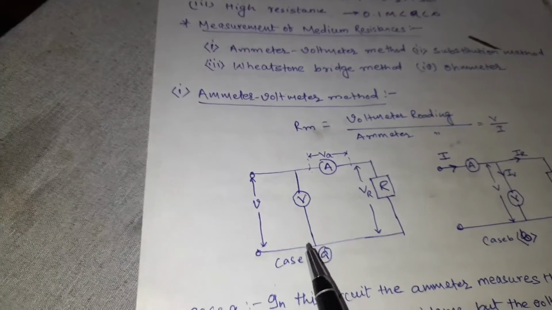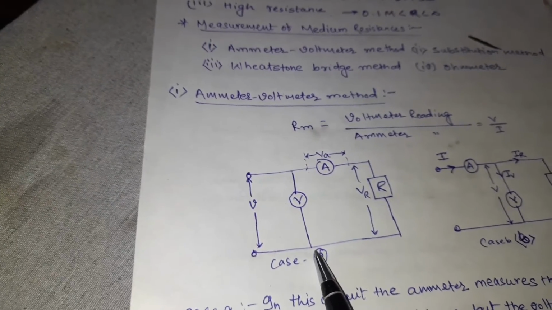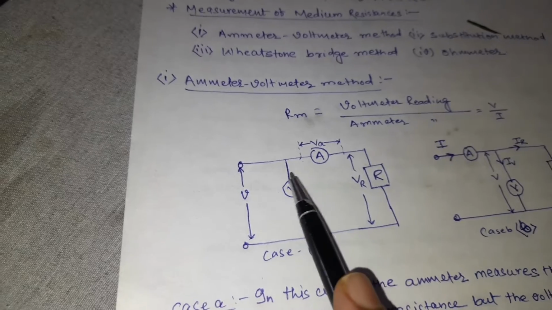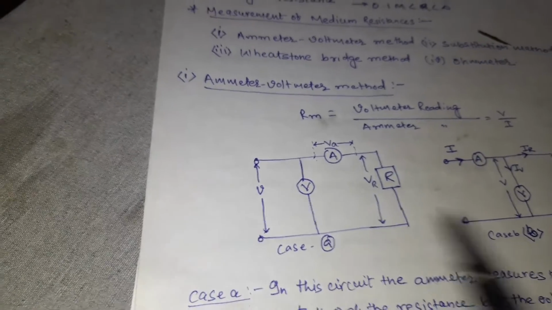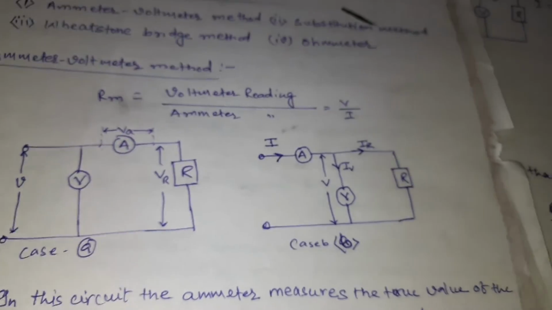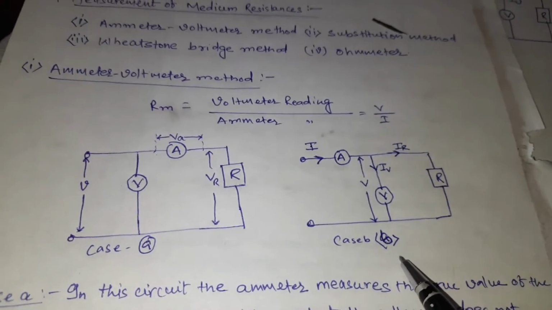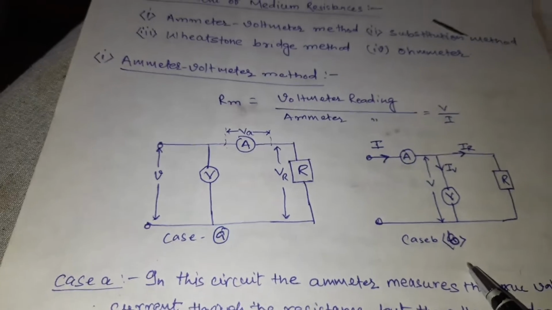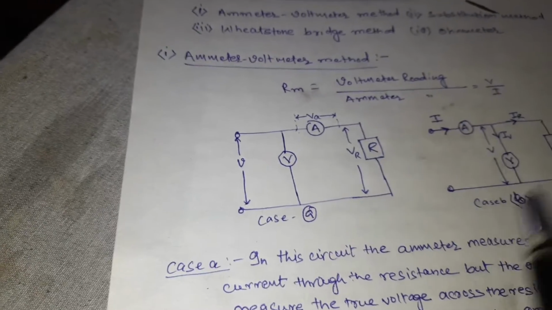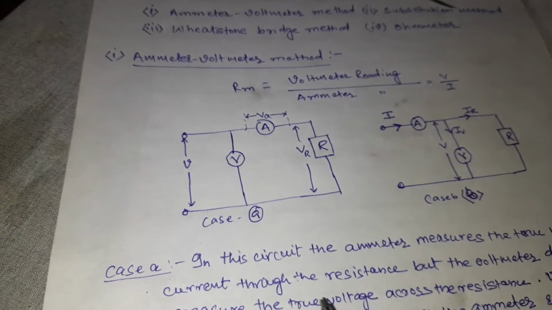In the first, the ammeter is directly connected with the resistance, and in the second, you first connect the ammeter and then the voltmeter. You can differentiate those two cases.